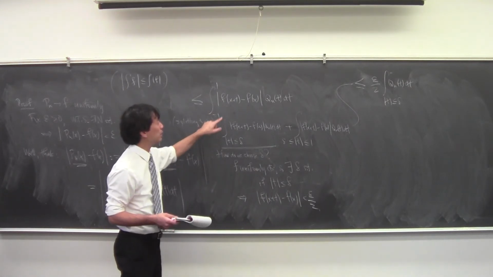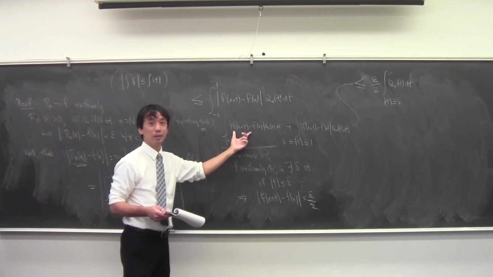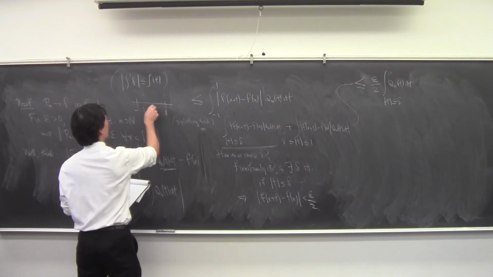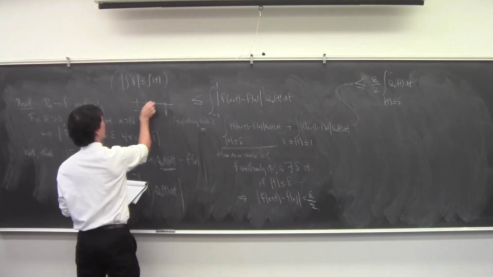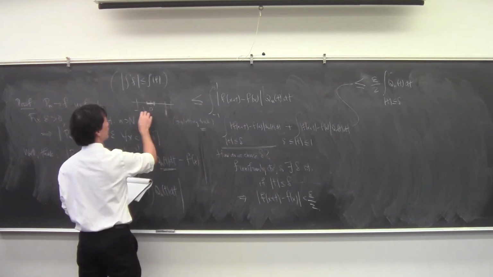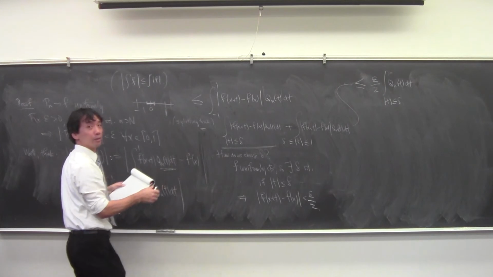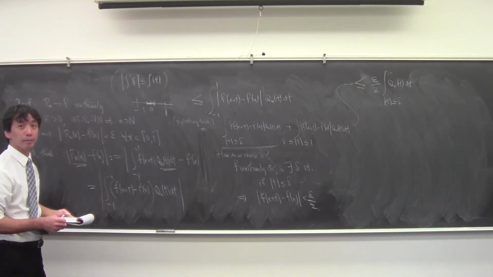This is equal, because we're just splitting negative 1 to 1 into two parts: the part within delta of 0 and the part not within delta of 0. But relative to the original equation, it's less than.